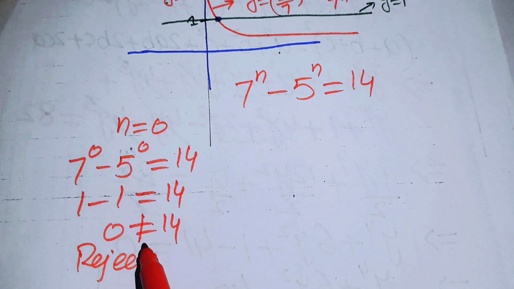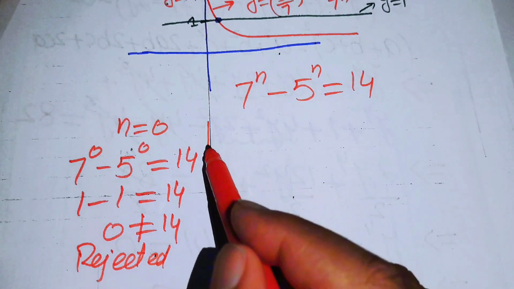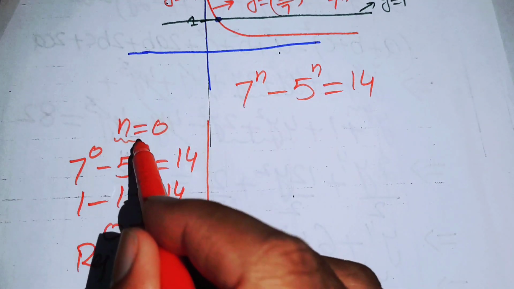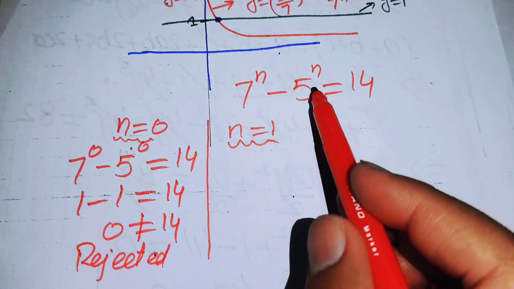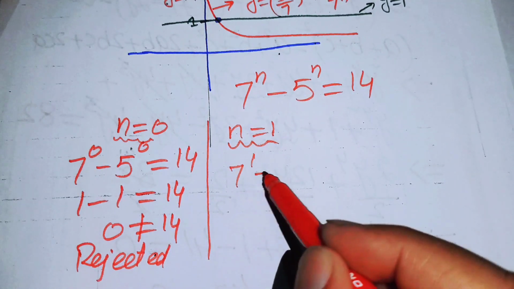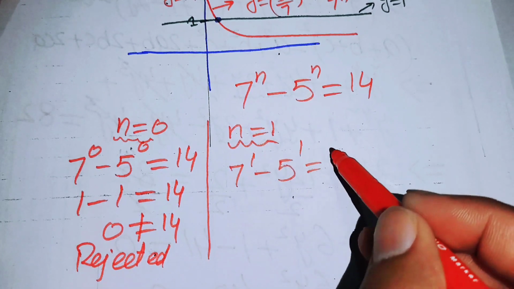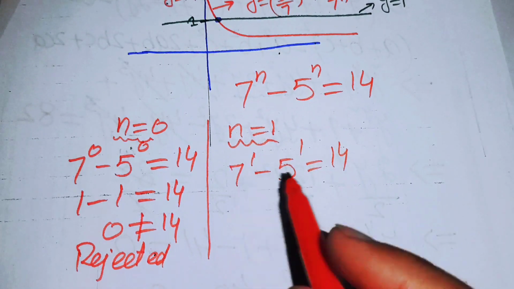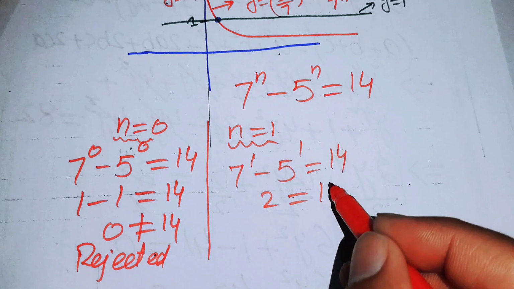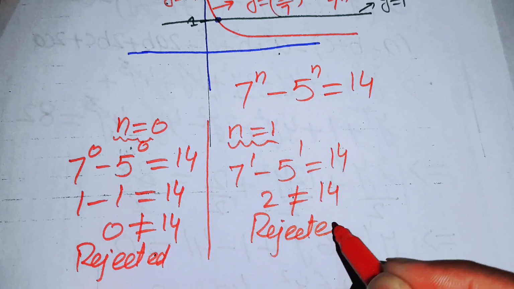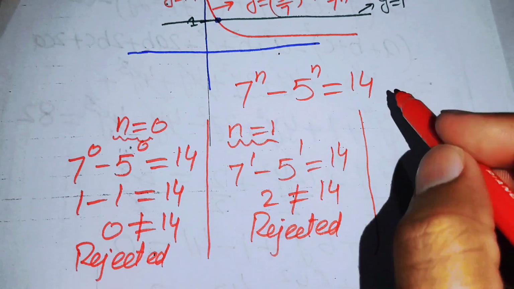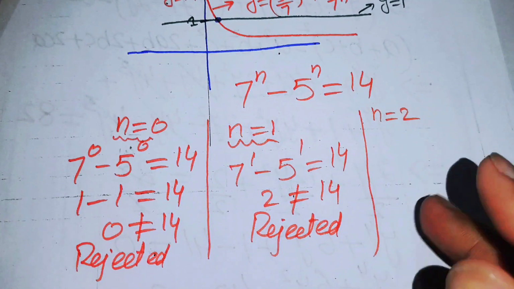So we reject this case. Now we check our given function at n is equal to 1. When you put n is equal to 1, you get 7 to the power 1 minus 5 to the power 1 is equal to 14, and 7 minus 5 is 2, which is equal to 14. It is again not possible, so we reject this case. Now we check n is equal to 2.